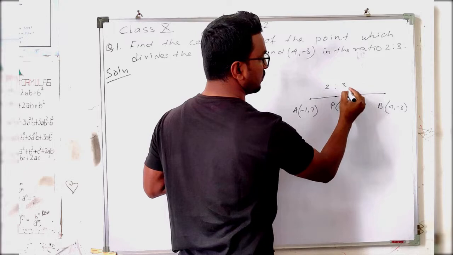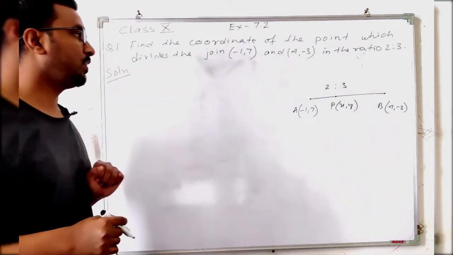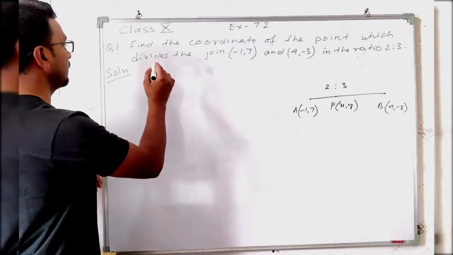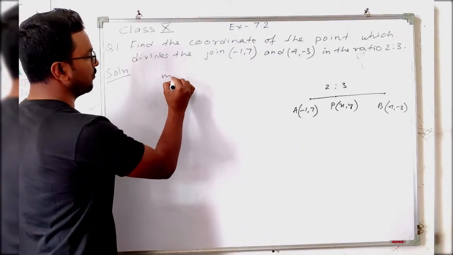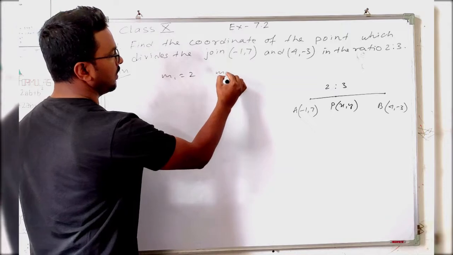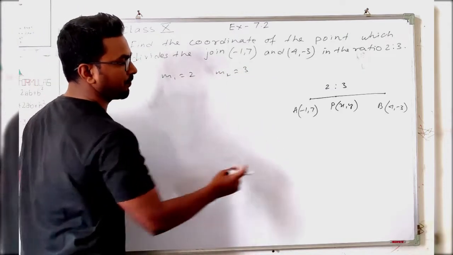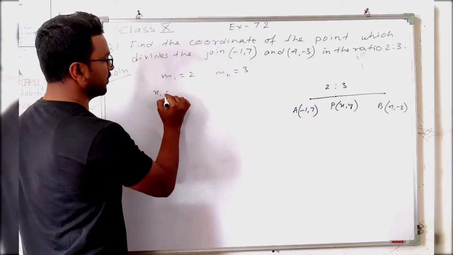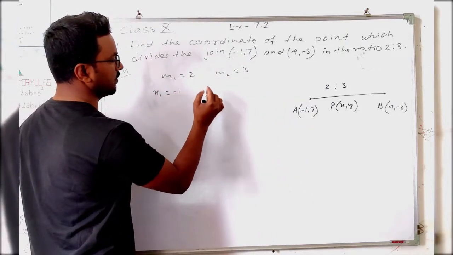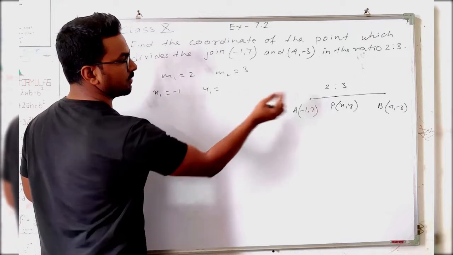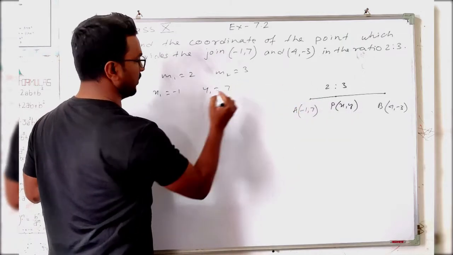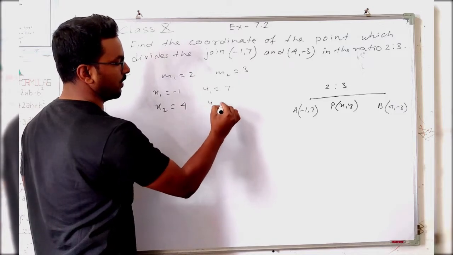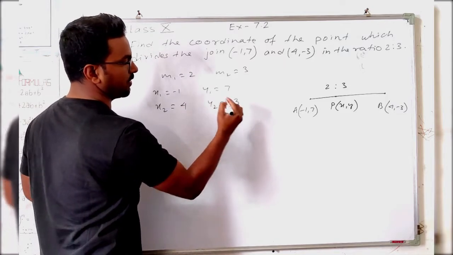So here we need to use the section formula. Here m1 is 2, m2 is 3, and this one we'll take as x1. x1 is -1, y1 is 7, x2 is 4, and y2 is -3.